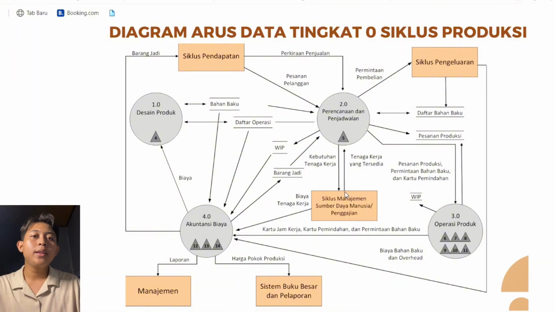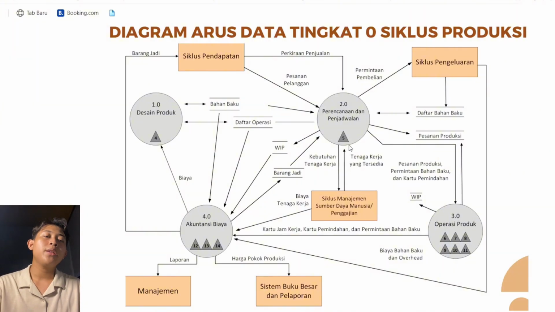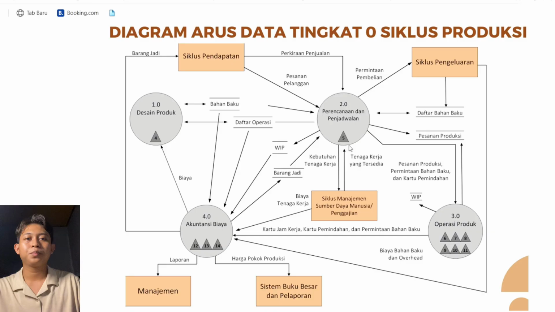And then the output of this process serves as an input for the HR or payroll cycle to send back information regarding labor availability, ensuring that the master production schedule or MPS is realistic and can be executed by the current staffing level.